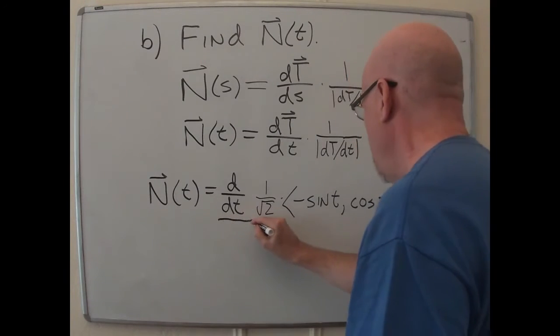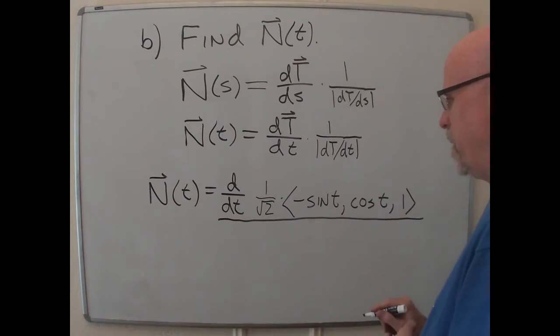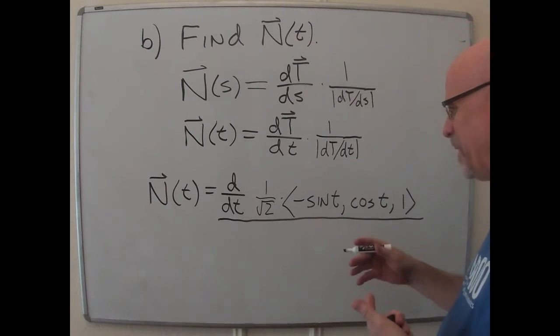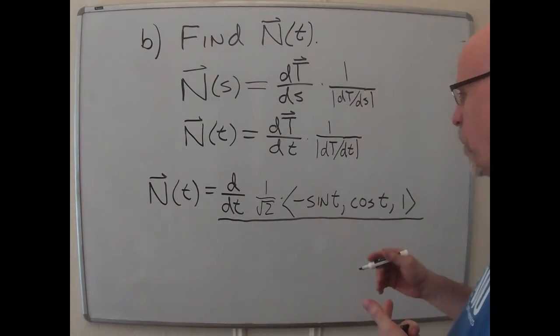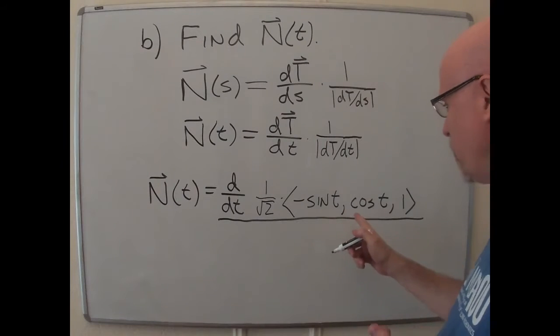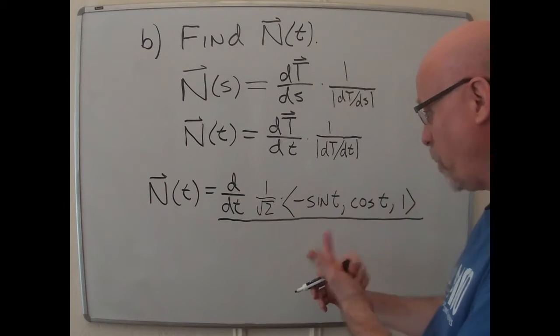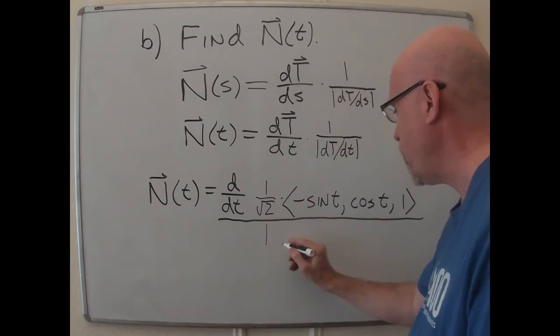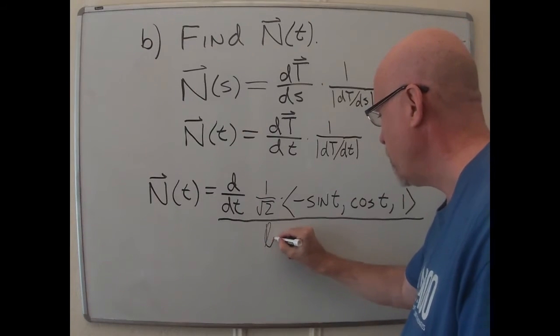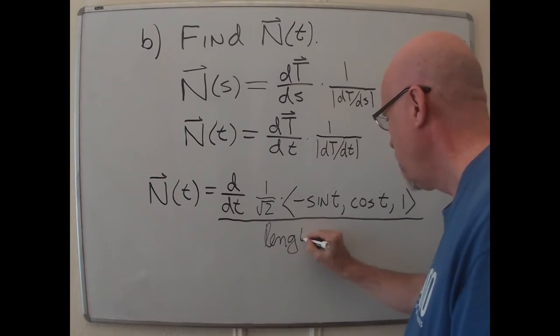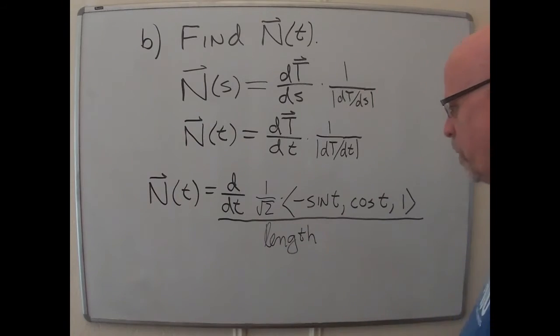And I want to cheat a little bit. I don't want to have to write this whole thing again, because what I want is the length of that vector in the bottom of the fraction. So let's just write divided by its length, and we'll know what to do with that in a sec.